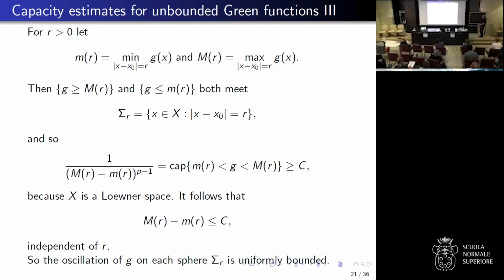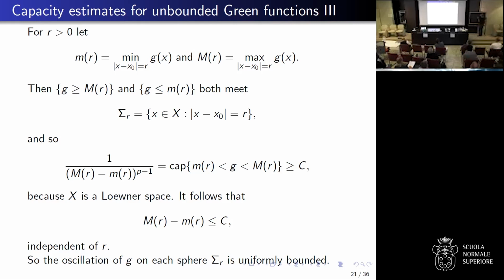On the other end, if I look at the sub-level set of this little m of r, then I should think of it as something like this. So it encloses my sphere. So this will be this set. Okay, so what do I have here?